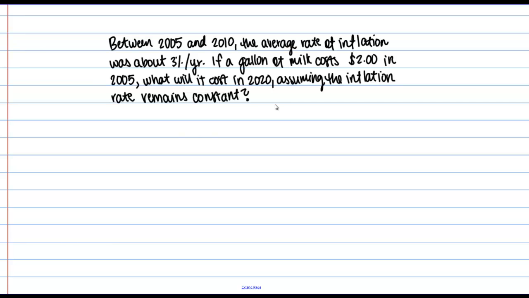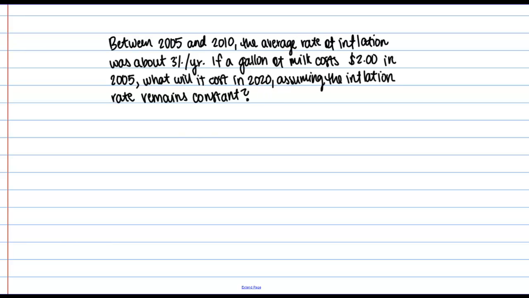Okay, so this scenario is going to be a good candidate for using an exponential growth model because I have this constant rate of growth, right? This 3% growth rate or average rate of inflation, and that's constant, we're assuming between 2005 and then into the future.